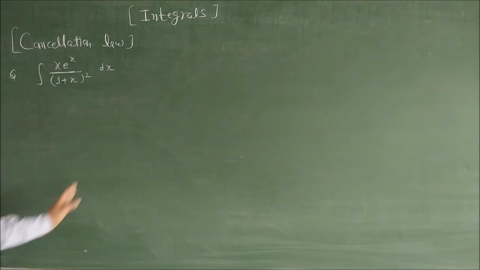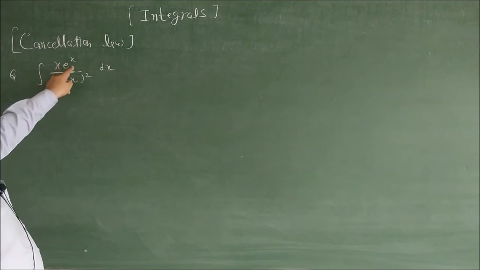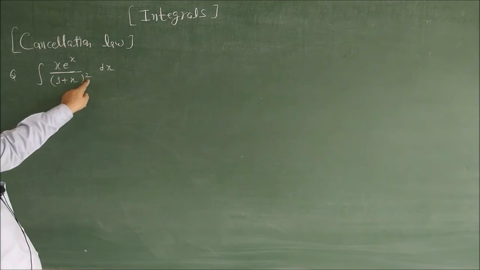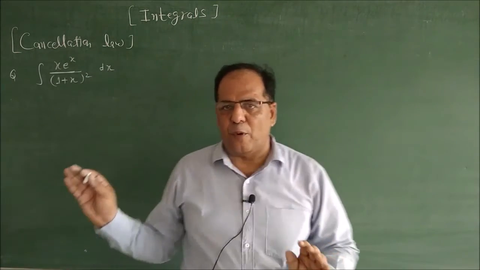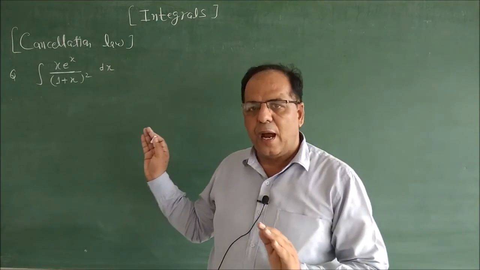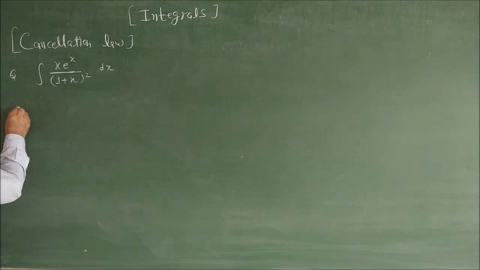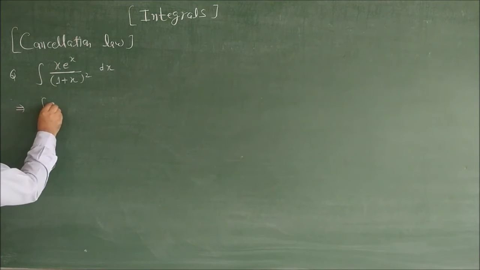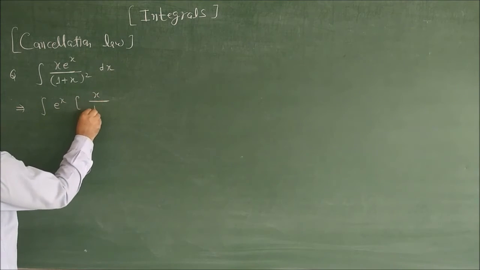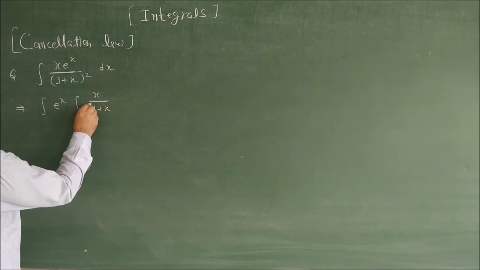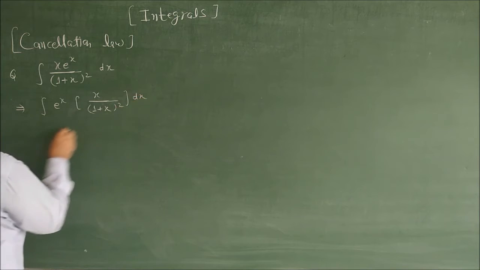Now I am taking one more question based on the cancellation law. This is the integral of x e to the power x upon (1 plus x) whole square dx. First we convert this question into the format of the cancellation law. After it we apply the cancellation law. So in the next step we can write it as e to the power x inside the bracket, x upon (1 plus x) whole square, into dx.